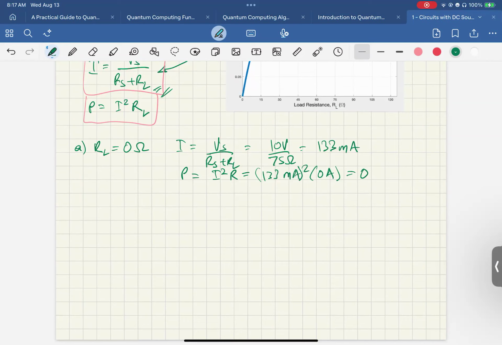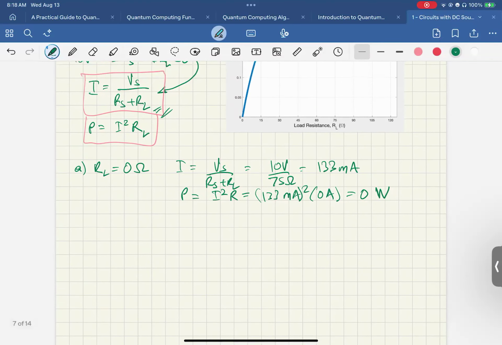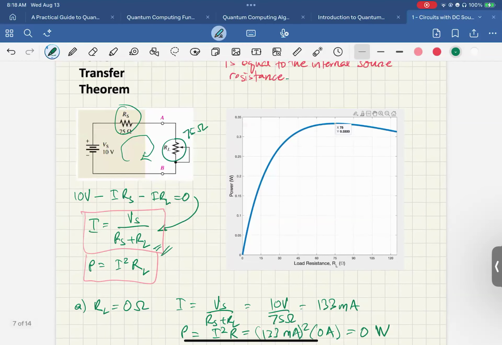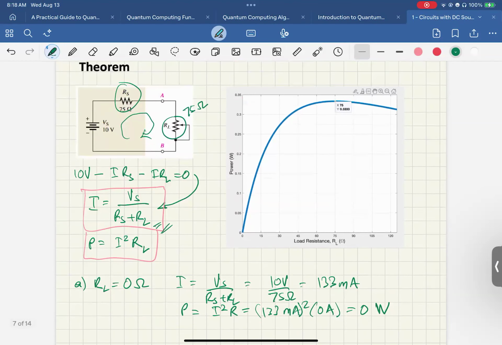Then yung power transferred is 0 watts. Which makes sense kasi wala ka namang pinagtatransferan ng power dahil zero resistance siya. When we say zero resistance, it means na yung load is shorted.